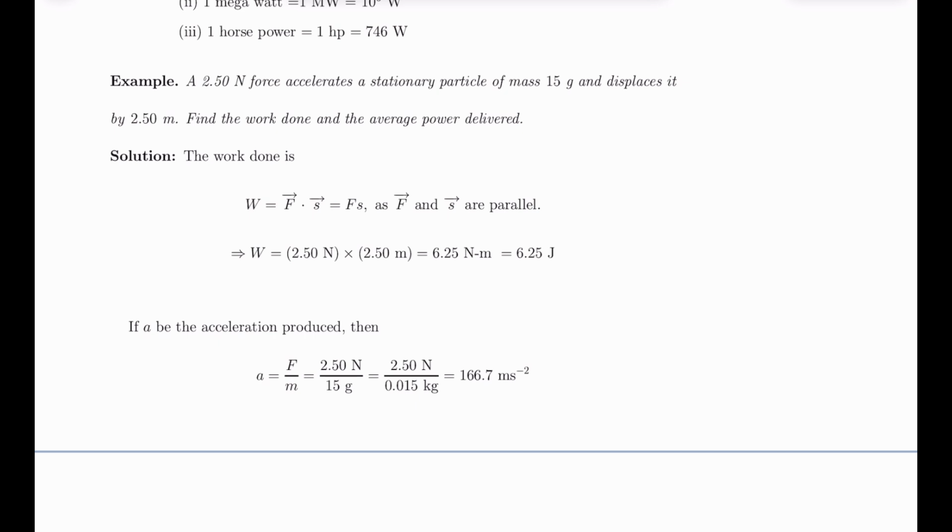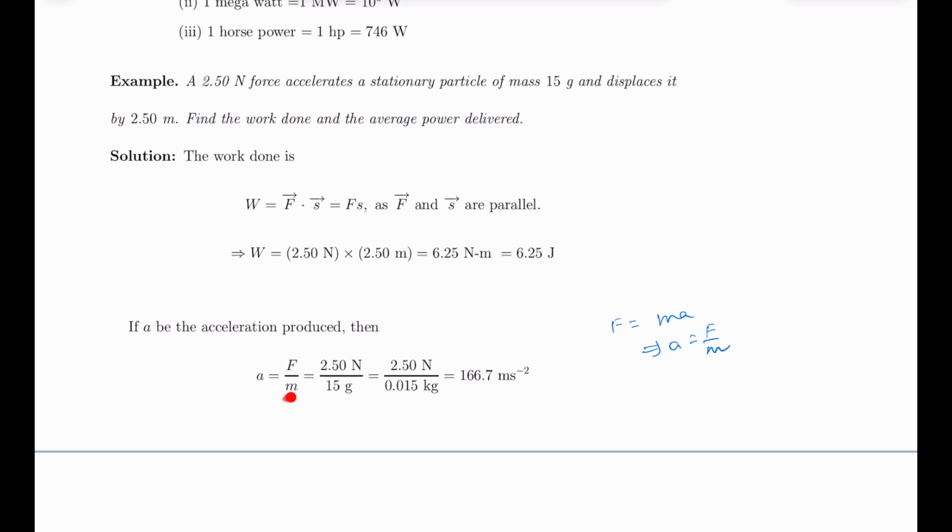So how to find power? So for this we have to find the time taken to do that work. So we proceed as follows. If a be the acceleration produced, then we have from Newton's law, F is equal to ma. So acceleration is force upon mass. So force is given to be 2.5 Newton.